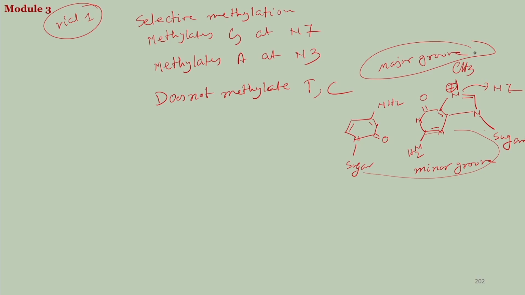So, which essentially means that your methylated version, your methylated guanine, this is your G and this is your C, is exposed towards the major groove of the DNA.